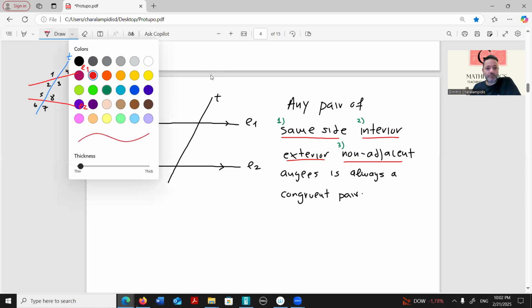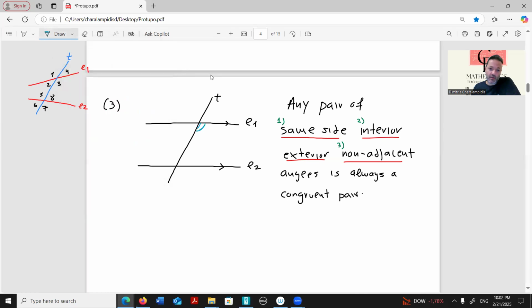Let's draw them. Interior exterior and same side, so they should be both at the right, but they should be non-adjacent, which means that they should not be next to each other. One of them should be inside. Let's say that this is the inside one, and we need this one, because only now would we have a pair of same side. Indeed, they are both on the right side.